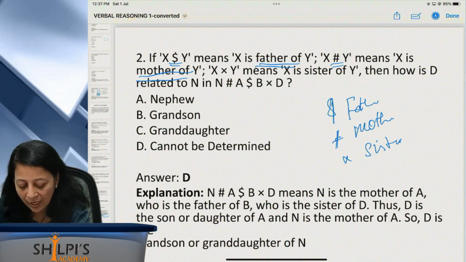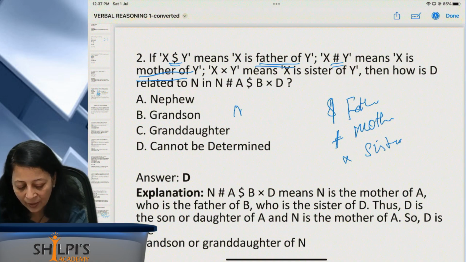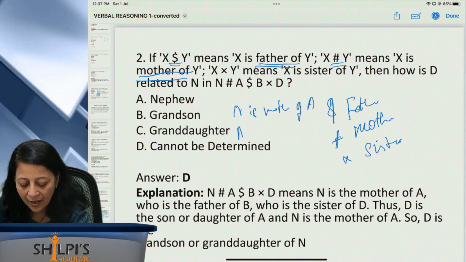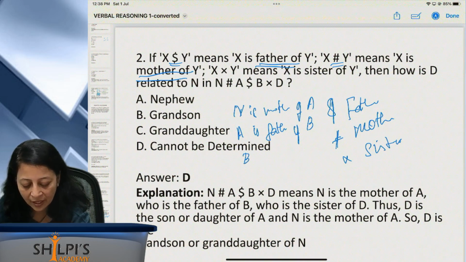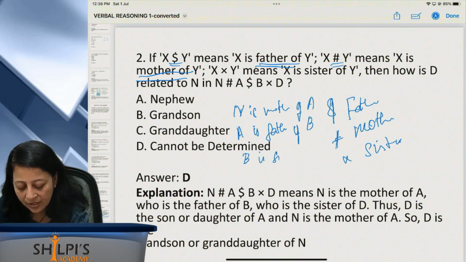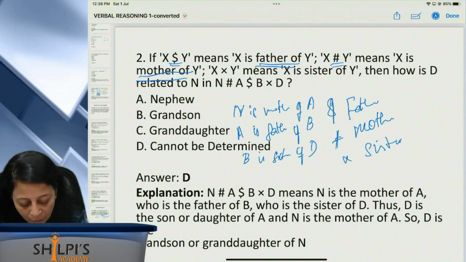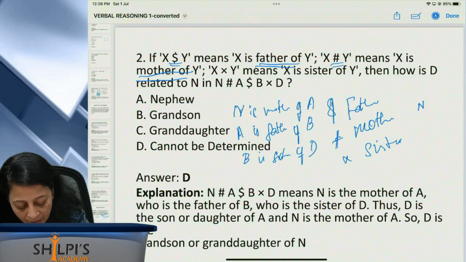Okay, so N is the mother of A, and A $ B means A is the father of B, and B is the sister of D. Okay, N is the mother of A. N is the mother.